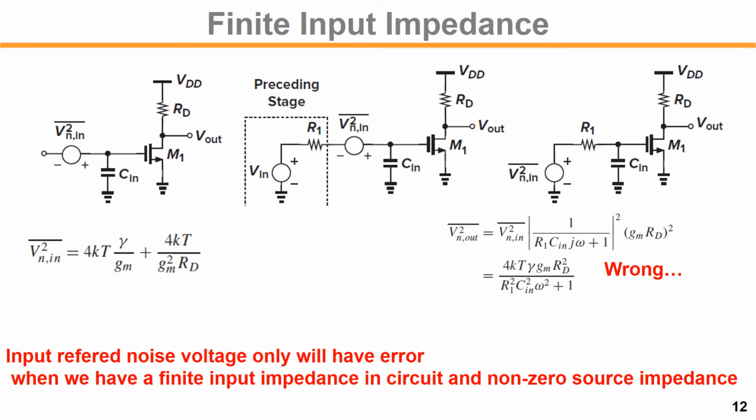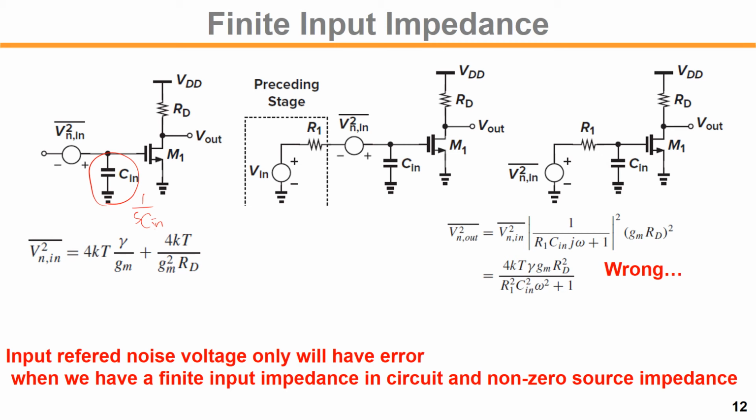So far we only considered the input reference noise voltage source shown here, but in some cases the input impedance is finite. For example, if we have a resistor and a capacitor at the input, we have an impedance like 1 over sCin, typically. If that is the case, the situation becomes different.